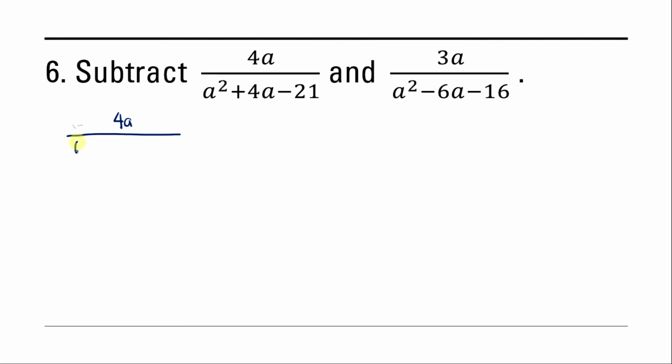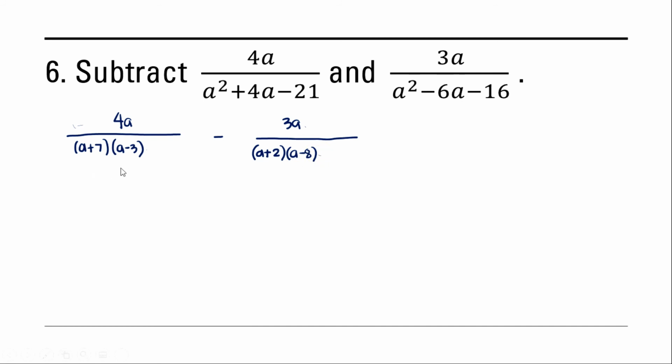The factors are a plus 7 and a minus 3. Minus, the second fraction we have 3a over the factors of a squared minus 6a minus 16 are a plus 2 and a minus 8.